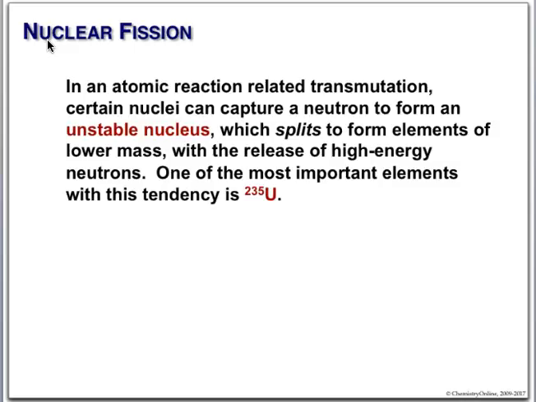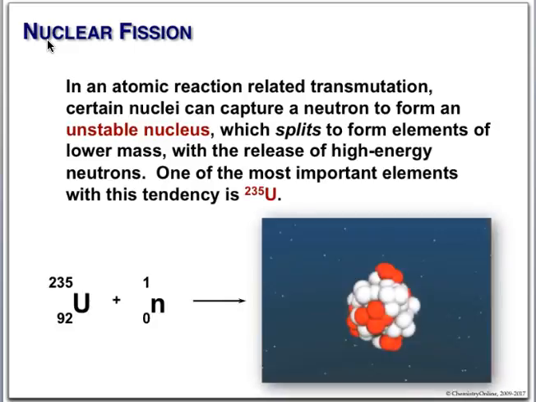When uranium-235 absorbs a neutron, it forms an unstable nucleus. 236 is unstable. Because it's unstable, it splits. When it splits in half, it gives off energy. This is the concept of what we call fission.